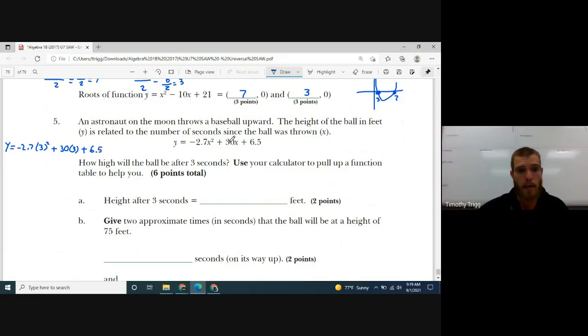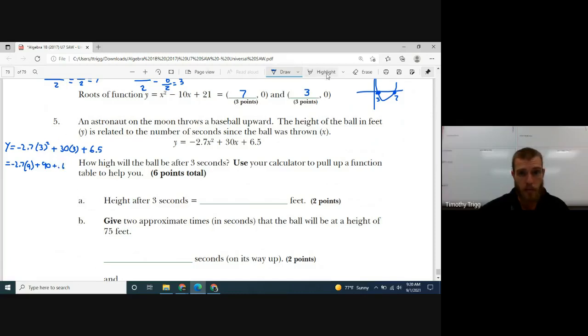Okay, just rewriting the equation, replacing everywhere you see an x with 3. So this becomes negative 2.7 times 3 squared, that's 9, right? Remember, 3 squared means 3 times 3. Plus 30 times 3, well, that's 90, plus 6.5.